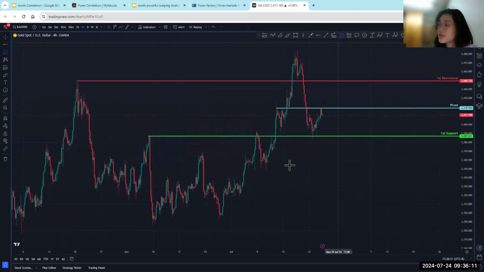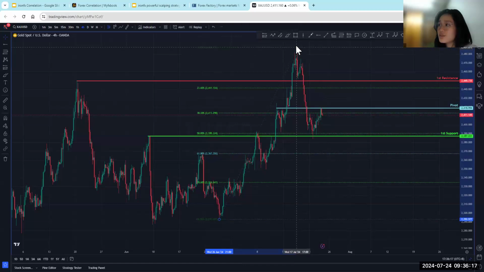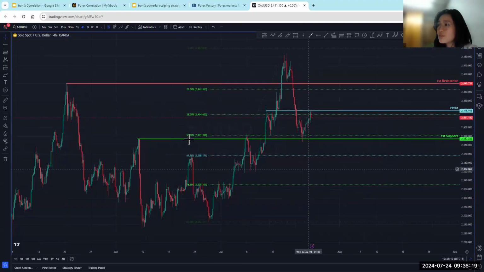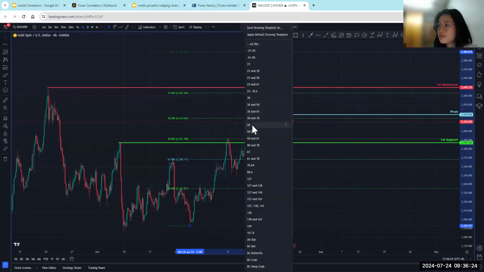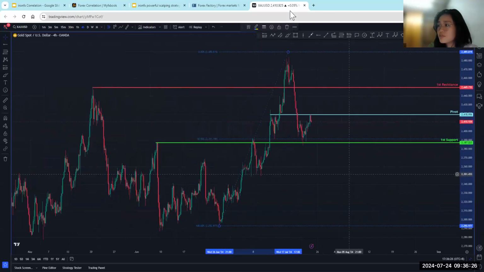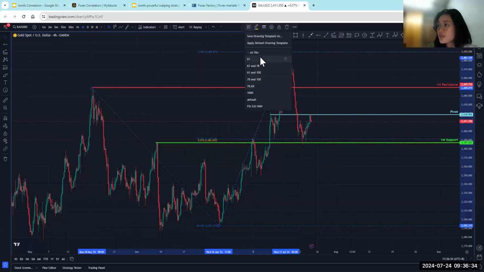Now going in with our Fibonacci levels again to support those horizontal levels. You can see my 50% lines up nicely with my first support. My 61.8 also lines up nicely.